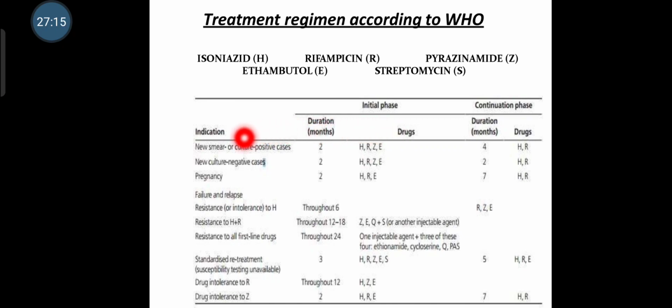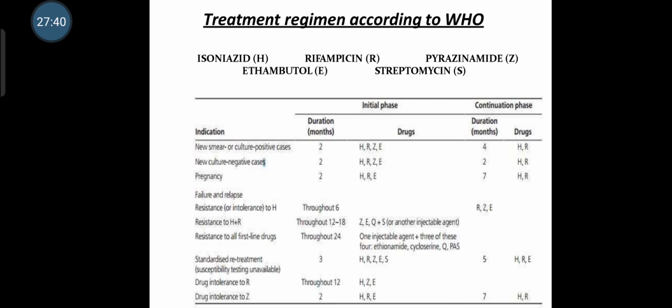So in the case of new smear or culture positive cases, isoniazid, rifampicin, ethambutol and pyrazinamide are used. The continuation period is 4 months. Then the drugs involved are rifampicin and isoniazid.